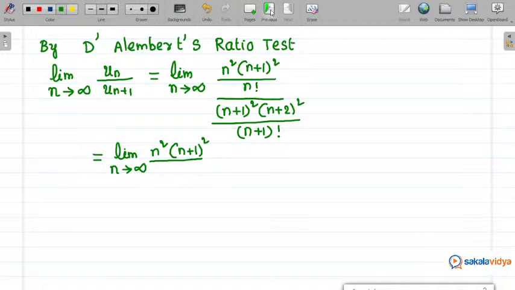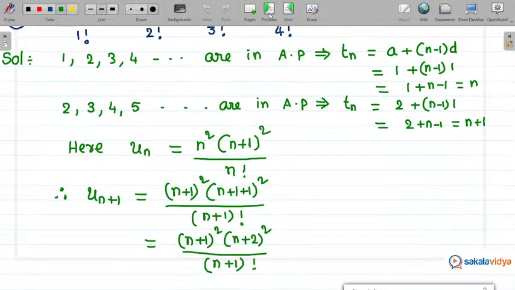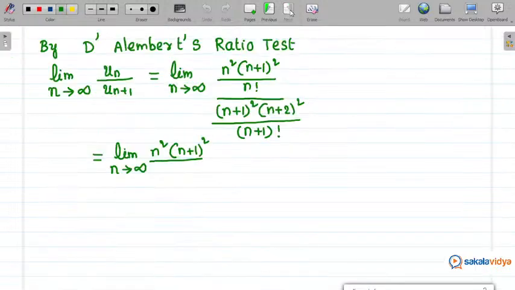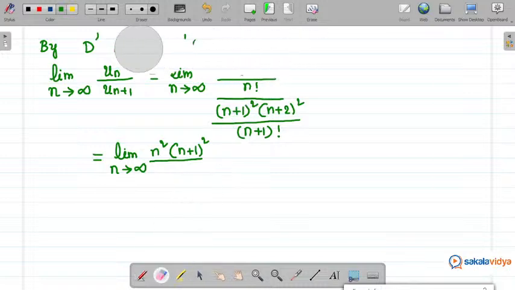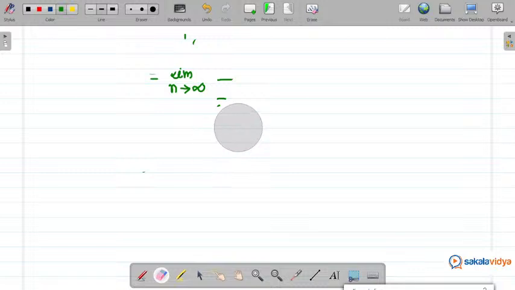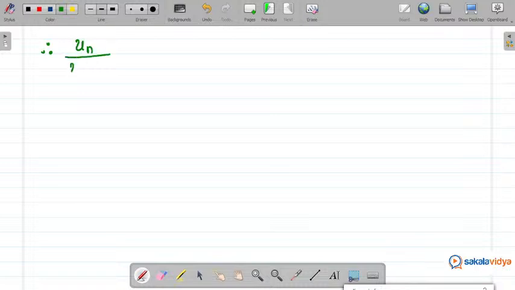One minute, I will go to the previous one. Okay, before going to apply, first let us simplify this one. After that, we can apply the D'Alembert ratio test. So first let us simplify. Therefore, un by un plus 1, write down.